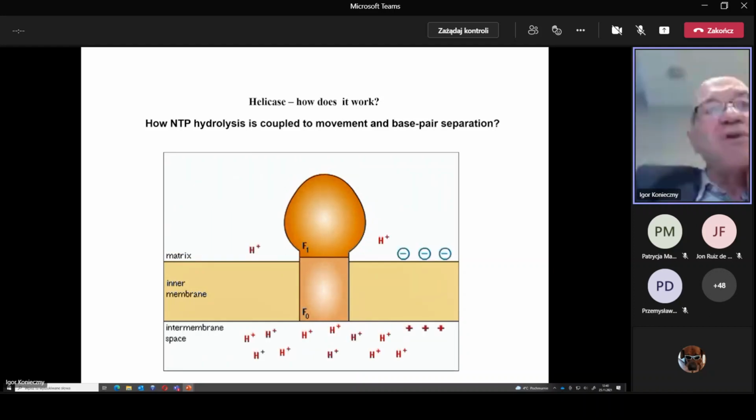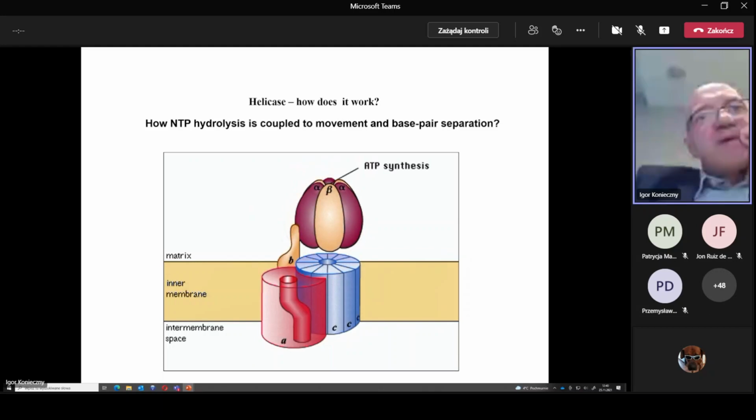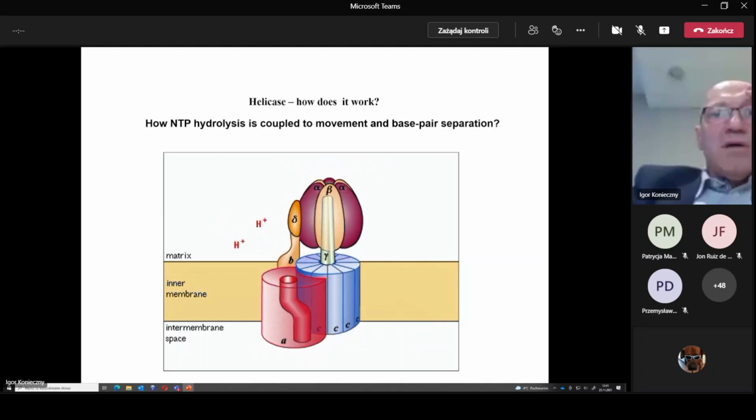So we have protons, proton movement, then ATP synthesis from ADP and phosphate group. And those are those subunits. You see the channel. Okay, this is just the place for ATP synthesis. Alpha and beta subunits on the top. Rotation.